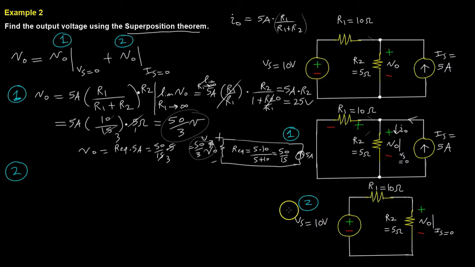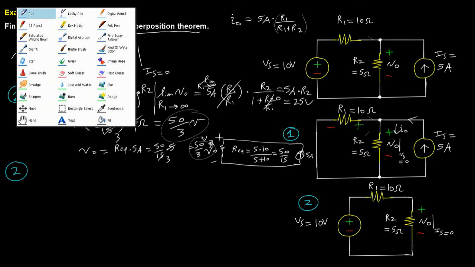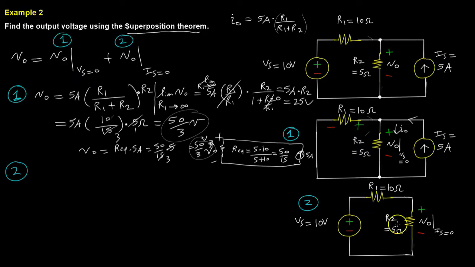Looking at the second section of this superposition problem, we simply apply a voltage divider. So that was V out when the voltage source is equal to 0. Now we find V out when the current source is equal to 0, and you can see I've taken it out here.